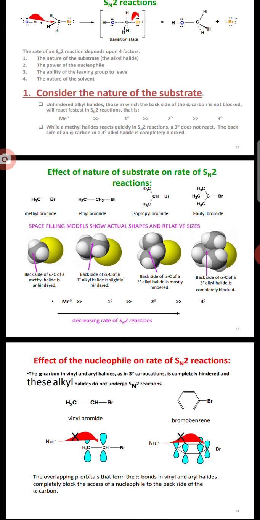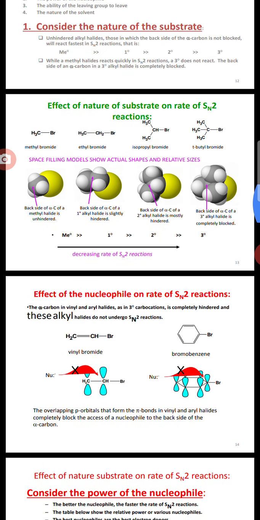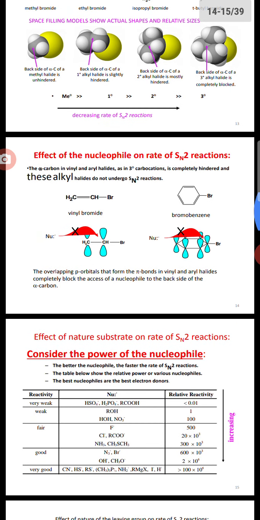The overlapping of the p orbital from the pi bond in vinyl and aryl halides completely blocks the access of the nucleophile to the back side of the alpha carbon, so the reaction cannot take place.